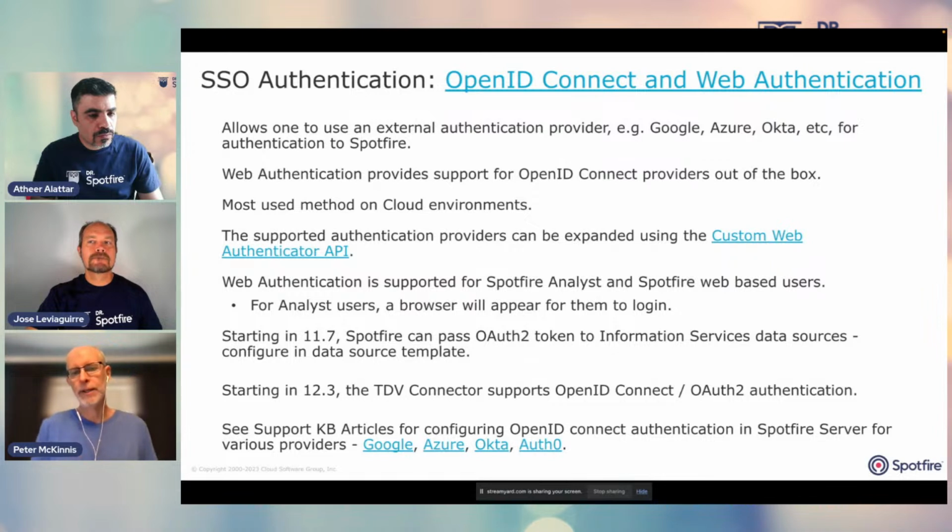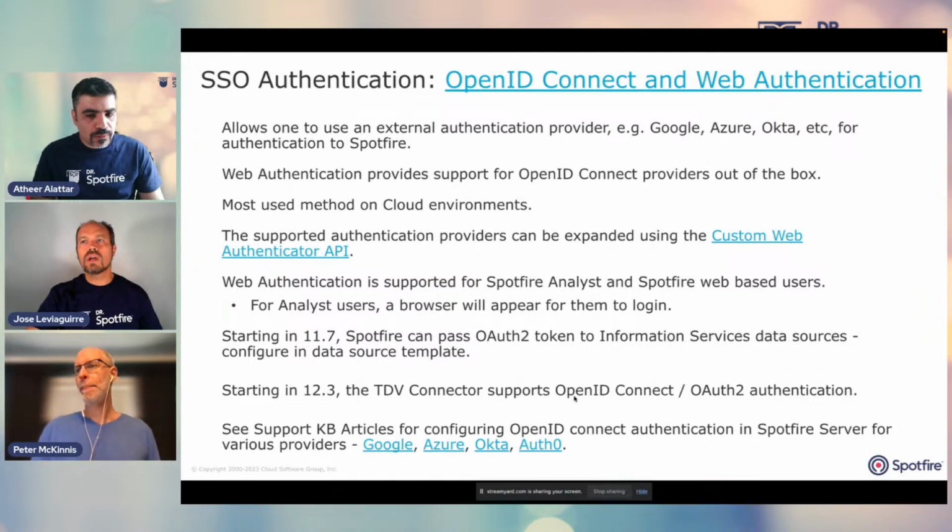Everything has to be configured correctly, but this is similar to Kerberos authentication with single sign-on, where the Spotfire environment is set up to pass your Kerberos token from your login all the way down to the data source. And then also starting in 12.3, the TDV connector, the TIBCO Data Virtualization or Spotfire Advanced Data Services.